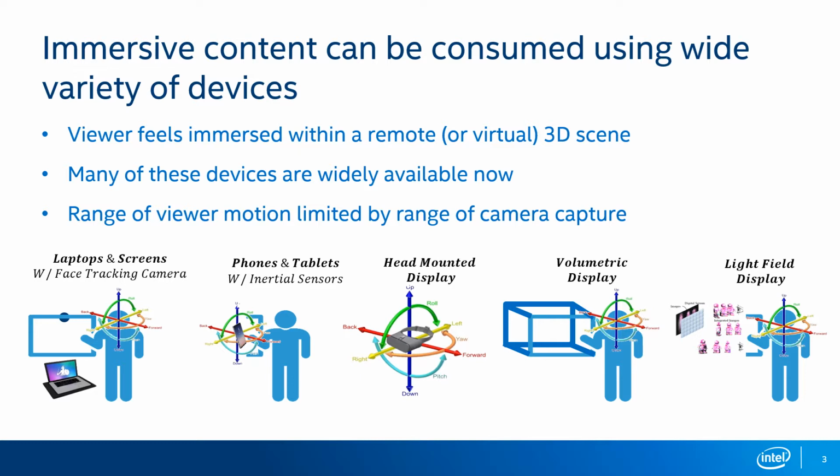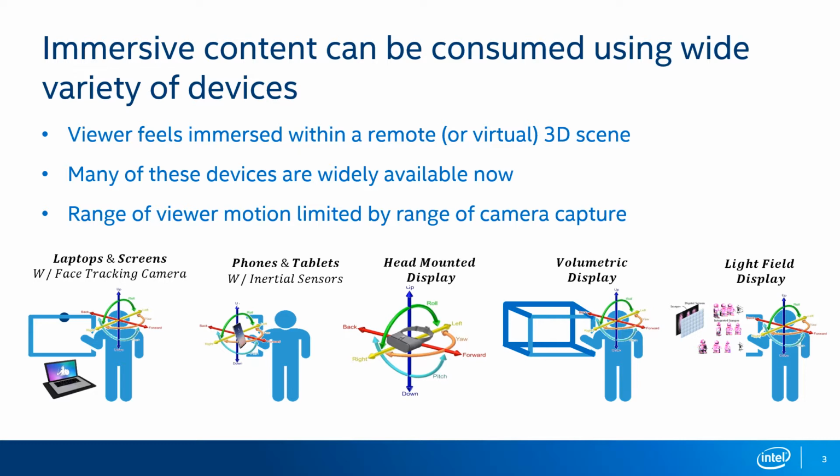Once you get past the true light field or volumetric displays, if you want to use a 2D display to show the scene, whether it's stereo, like in a head-mounted display, or just a single 2D screen, it becomes important to know the position and the orientation of the viewer, so that the scene presented to the viewer on the 2D screen is based on their position and orientation.